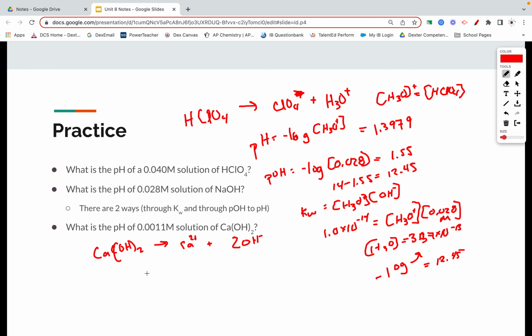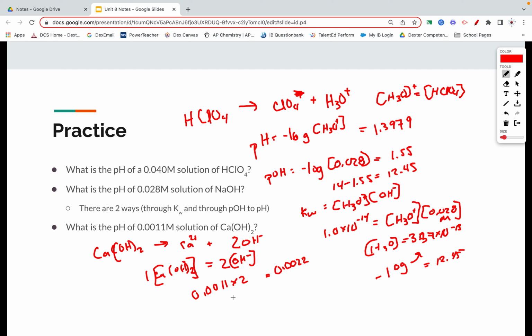So basically for every 1 calcium hydroxide, we have 2 hydroxides. So basically the concentration is doubled. So we take 0.0011, multiply that by 2, and we get 0.0022.